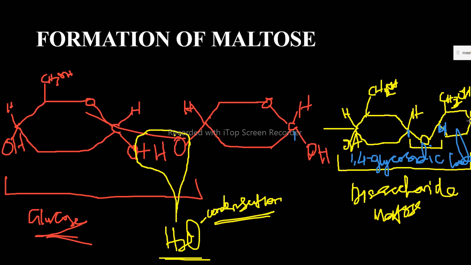So let me use a different pen, in this case, this one. At each corner is a carbon atom. I hope you remember that from organic chemistry. So we have carbon here, and this is carbon 1. This is carbon 2.